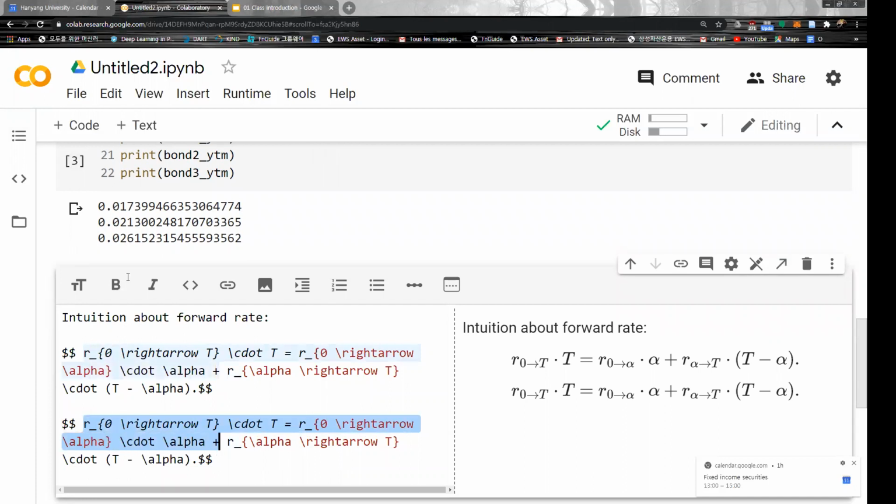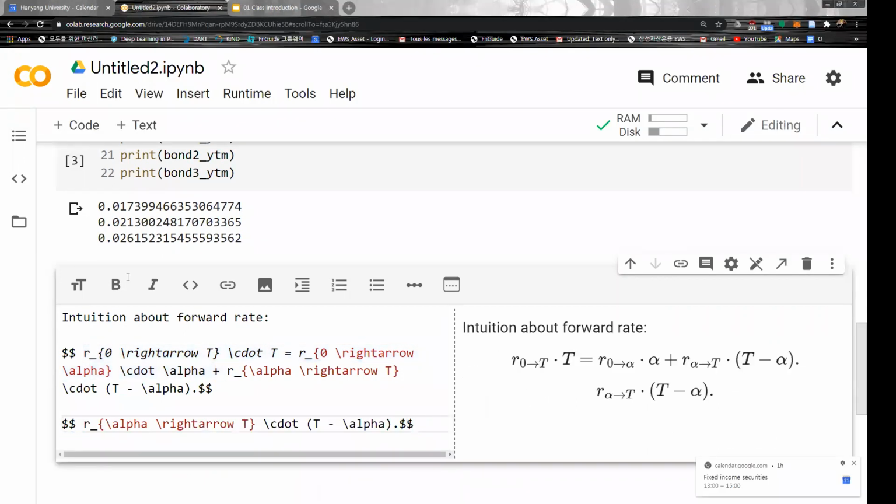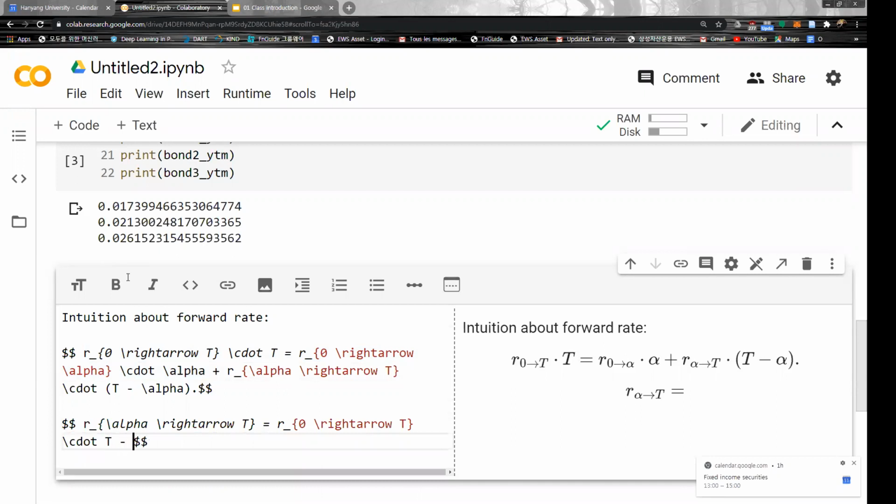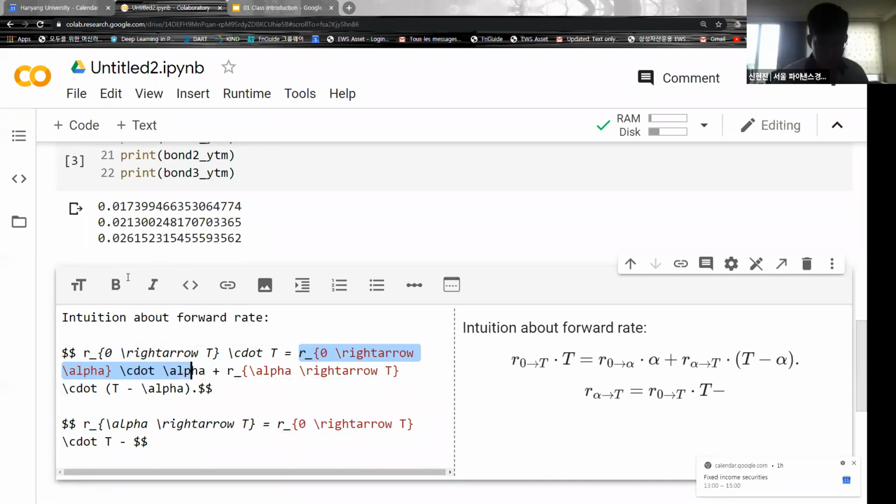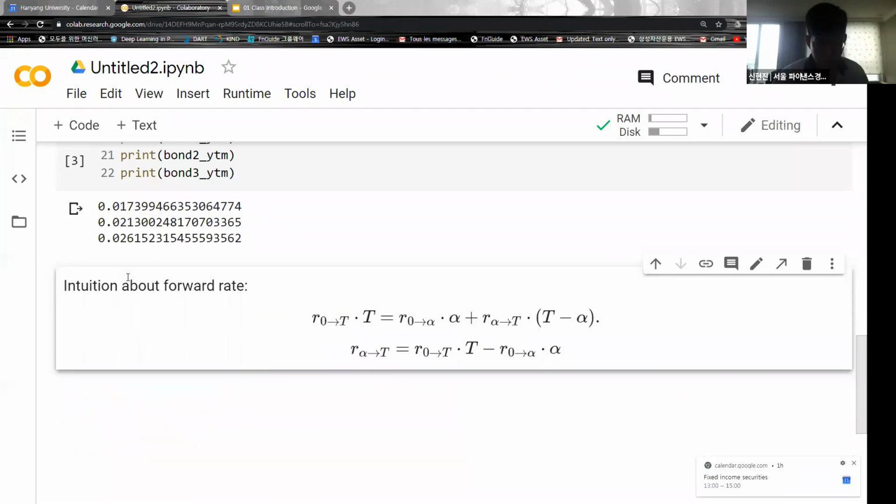So how to calculate this one? We are interested in computing this one, the future return. It is this part minus the second part.